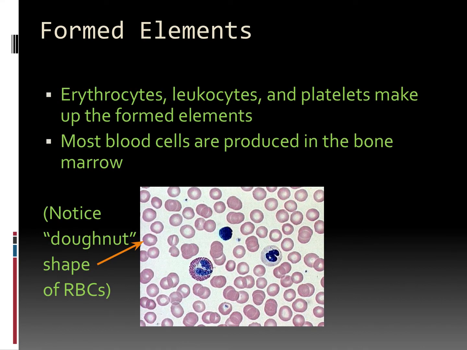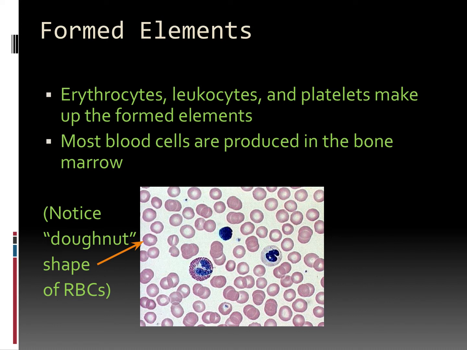And then the formed elements. So everything that's not plasma is considered a formed element. Erythrocytes, which are red blood cells, leukocytes, which are white blood cells, and platelets, which are platelets. They're just tiny little bits of stuff.